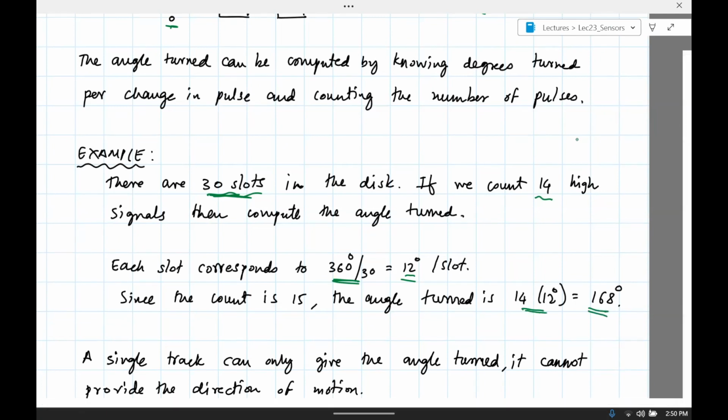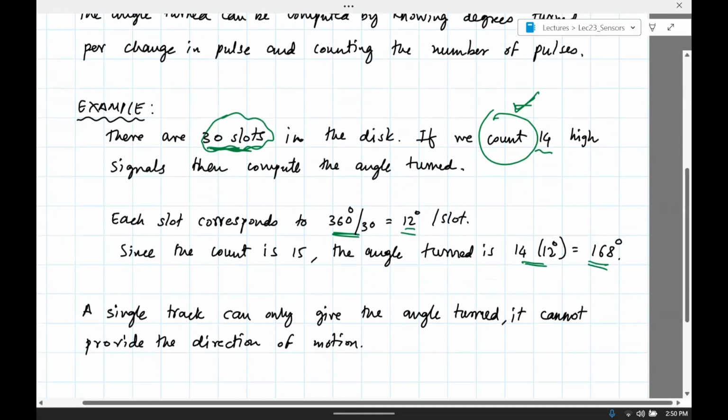So it has turned 168 degrees. All you need to do for something like this to measure the angle is just count. That's it. There's something you need prior, which is the number of slots, but you only need to count in order to figure out the angle turned, which is really nice. It's very simple to count rather than to do anything more complicated.